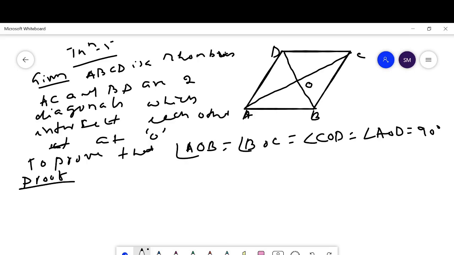So ABCD is a parallelogram in which all sides have the same measure, AB is equal to BC is equal to CD is equal to DA. Okay.